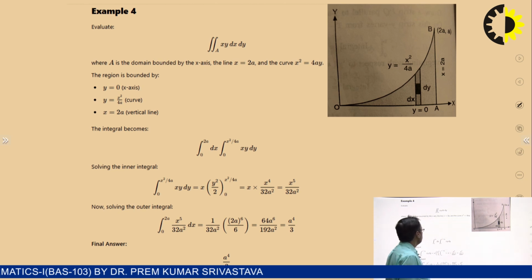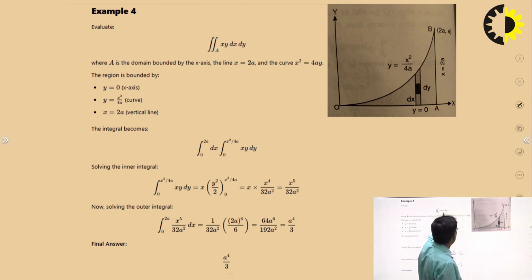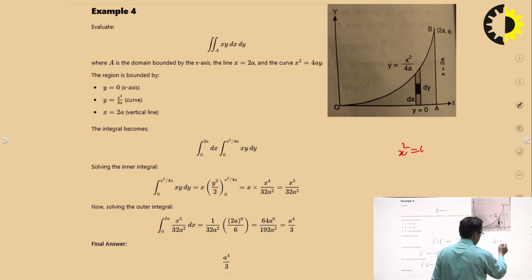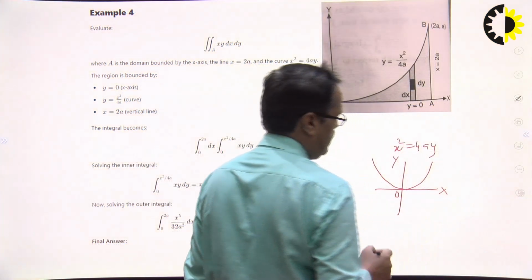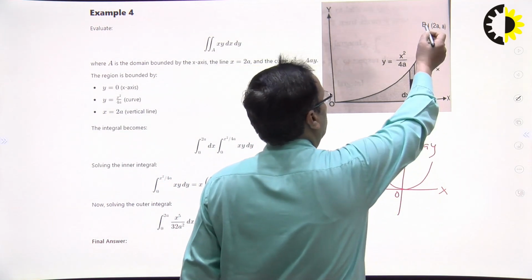From the given condition, x equal to 2a means the equation of a straight line parallel to the y-axis, and the curve x² equal to 4ay is the equation of a parabola. Parabola means x² is equal to 4ay.